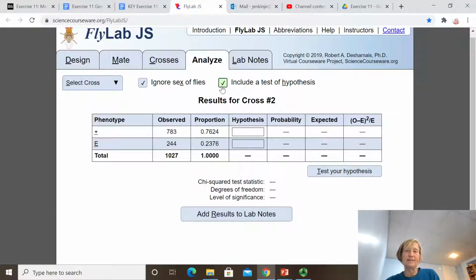If I include a test of the hypothesis, I have to insert what I expected to see. What percent of the offspring were expected to be wild type? Well, I have to go back to question 6, and I said 3/4 of the offspring. 3 divided by 4 is 0.75. 75% of the offspring should be wild type, and 1 divided by 4, or 0.25 of the offspring, should be ebony.